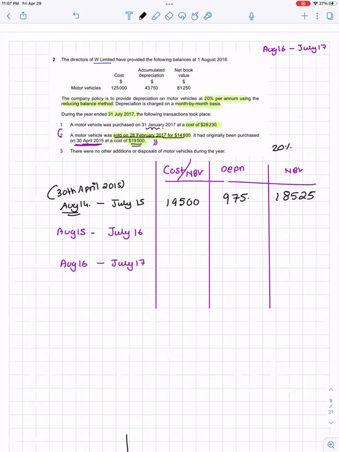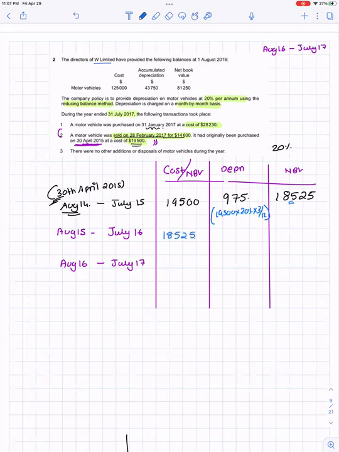Are you all with me? Yes, from where did you get 975? I have purchased on 30th April. Okay, 3 months depreciation: May, June, July. 19,500 into 20% into 3 by 12. Then I got net book value 18,525.